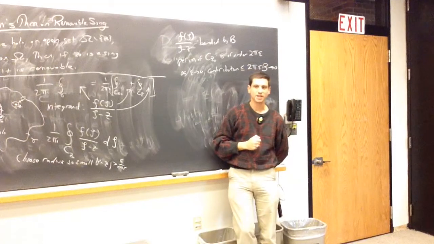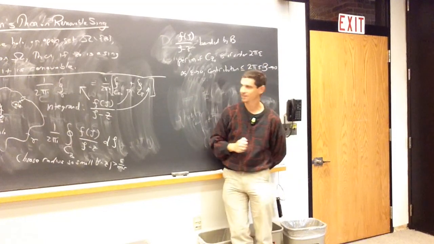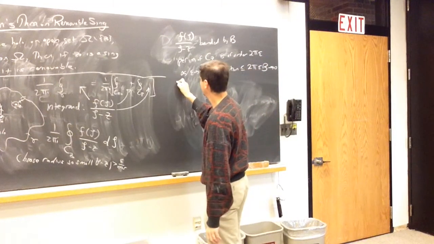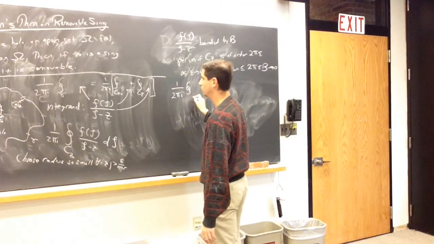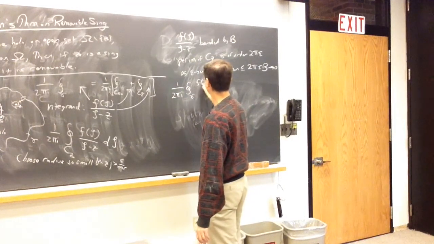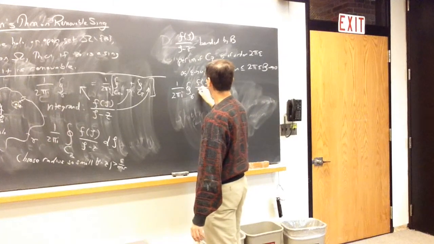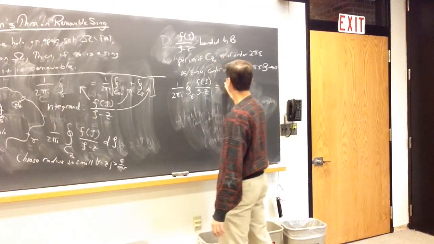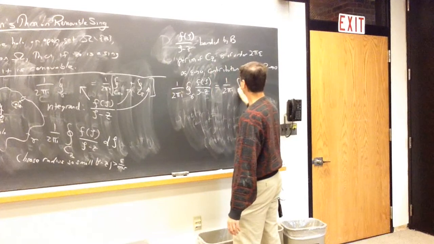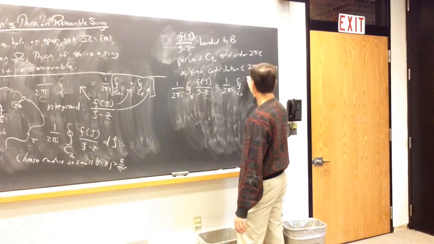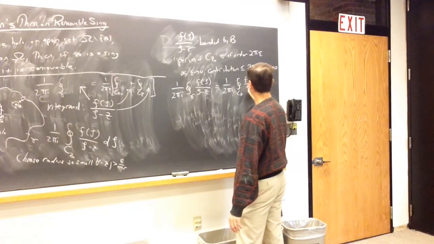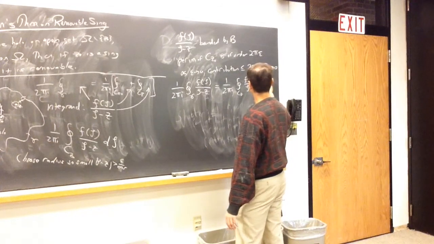So in the limit, that piece doesn't matter. And we're left with 1 over 2 pi i, the integral along the curve gamma of f of zeta over zeta minus z, equals 1 over 2 pi i, the integral over the circle centered at z of f of zeta over zeta minus z d zeta.